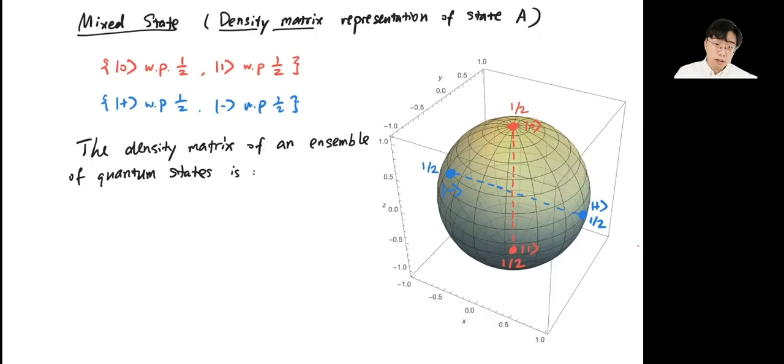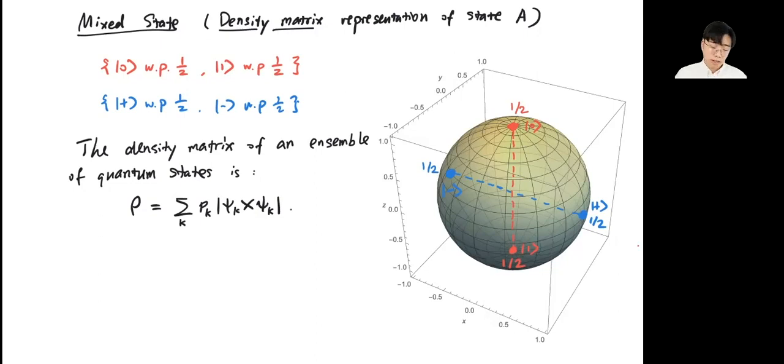The density matrix of an ensemble or statistical mixture of quantum states is rho equals the summation of probability p sub k times the outer product of the quantum state psi sub k, where the mixture is that with probability p sub k, you will have a quantum state psi sub k.